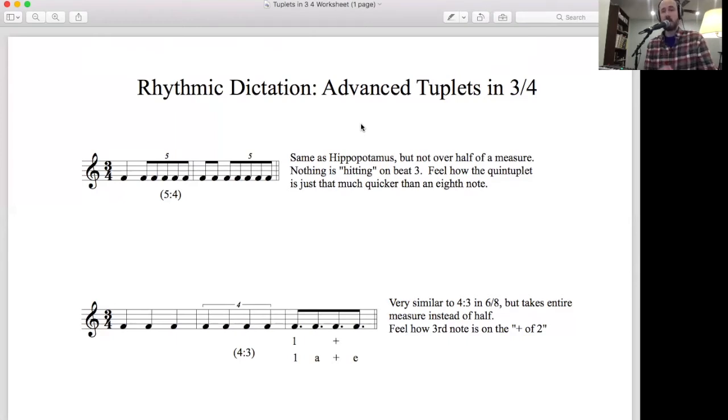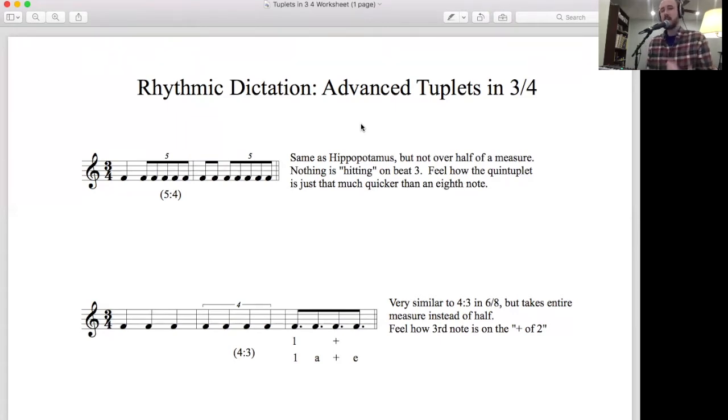It's not going to be like that here, where it's not an even split of the measure, where the first half, for instance, is normal, and then we've got the hippopotamus or the quintuplet rhythm on the backside. Here, it's going to be taking place inside either the last 2/3 or the first 2/3 of the measure.